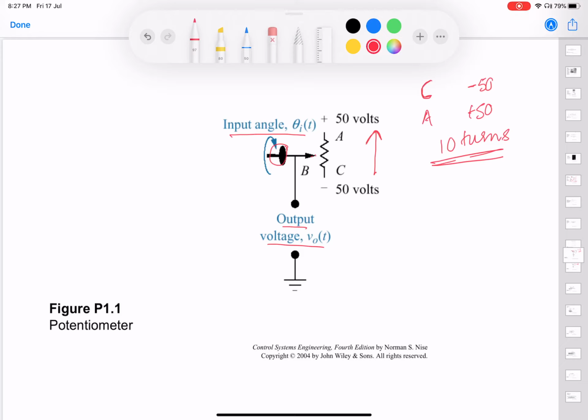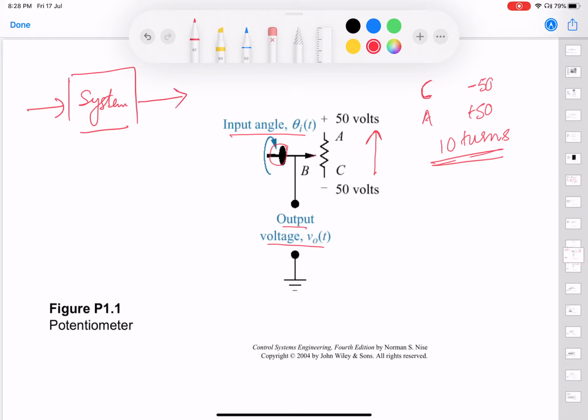So how would you mathematically represent this? How would you make the model for this? Let us first see what is the input and what is the output. This potentiometer is actually a system, right? What is the input to the potentiometer and what is the output from the potentiometer?